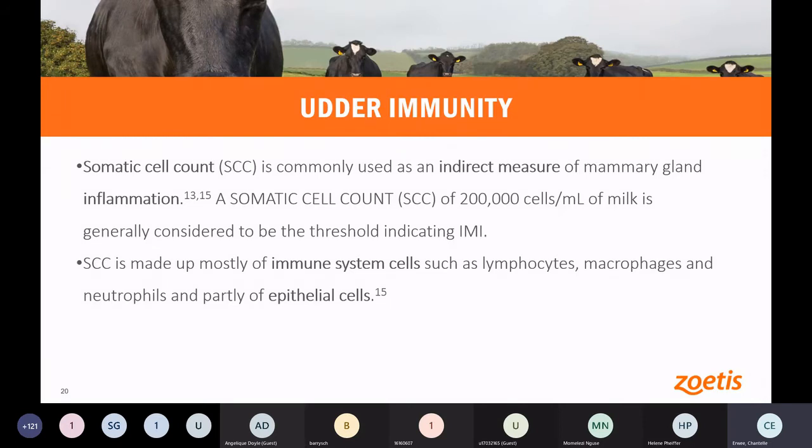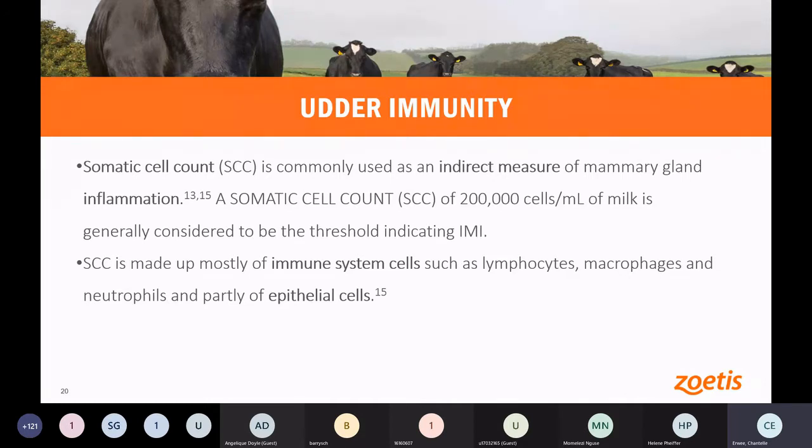Usually we look at about 200,000, but there's a saying that I like: the greater the fear, the lower the threshold. So let's say internal teat sealants that we're going to talk about a bit later. If you have a fear of just putting in an internal teat sealant without an antibiotic, for example, your threshold will come down to about 50,000 or 100,000 or whatever.